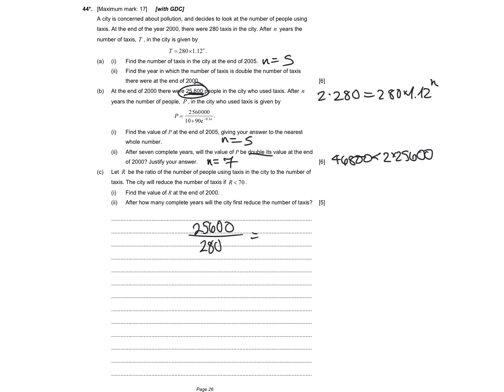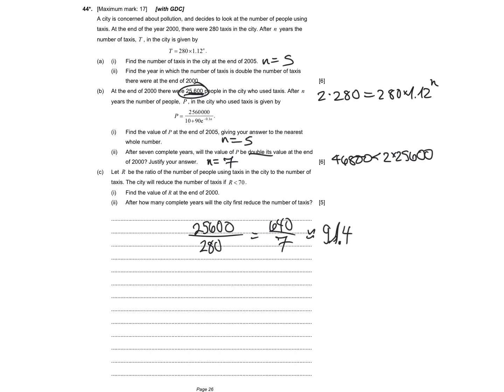Ends up being 640 over 7, which is 91.4. So that's obviously not less than 70.